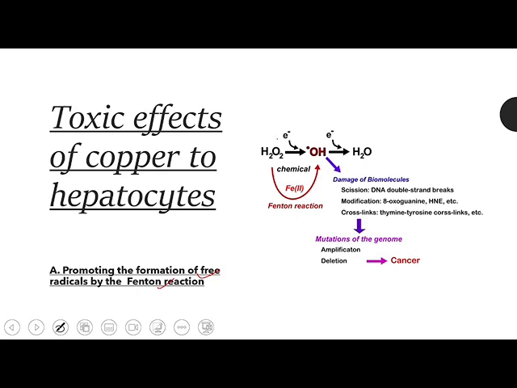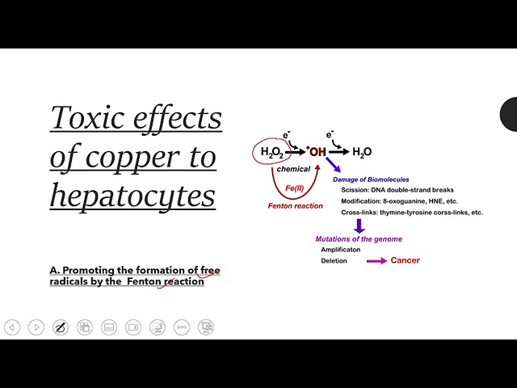Later on, these peroxides, which are formed in the process of various metabolism, get reduced to water and oxygen, and that will be beneficial in cases where there are molecules like NADPH and glutathione.